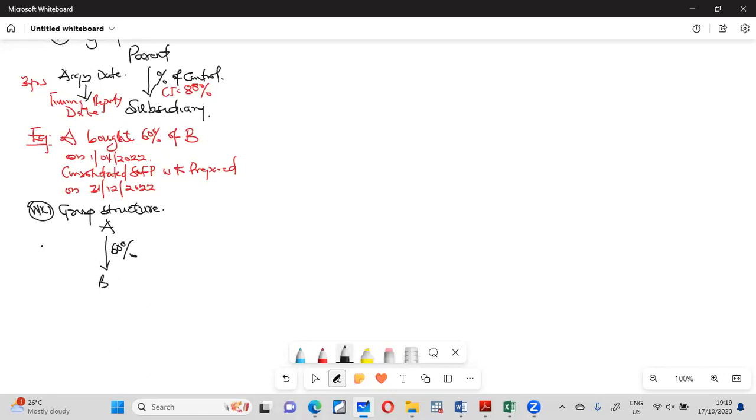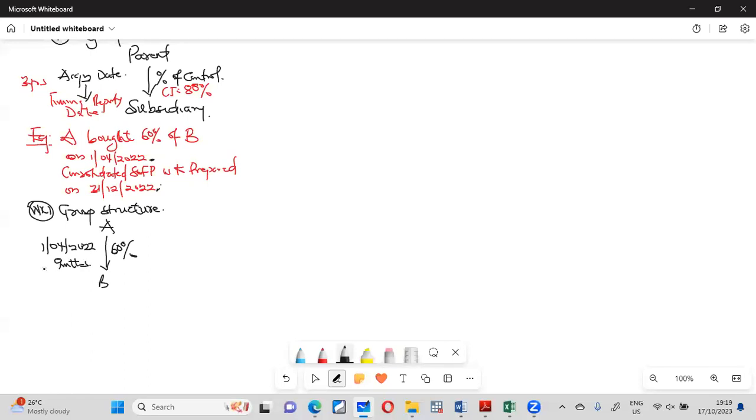When was it bought? The acquisition date will be 01/04/2022. Now, what is the range to the reporting date here? We have April, May, June, July, August, September, October, November, December. So you can see that it's 9 months, so you write here 9 months.